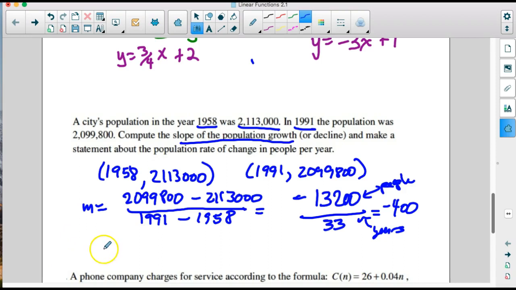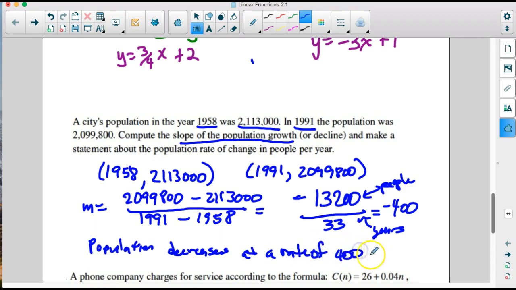So the statement would be to say that the population decreases at a rate of 400 people per year. And here we don't need to use a negative sign because we said it decreases. Okay? So that would be my statement about the population rate per year.